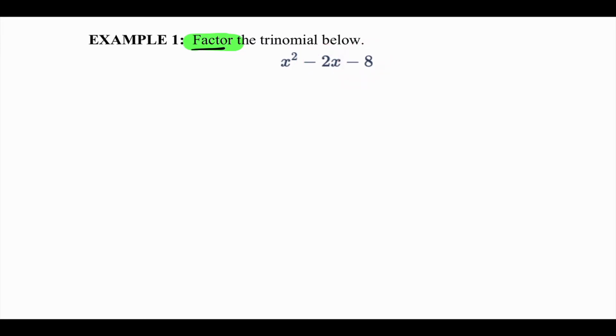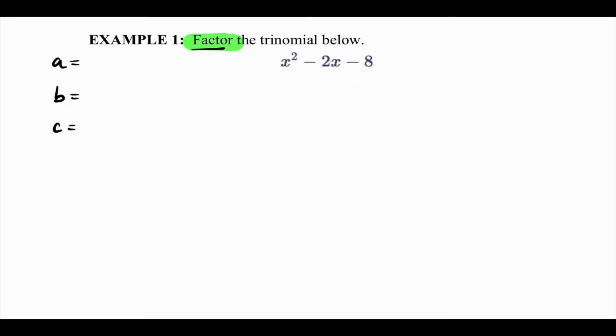Okay, so factor. Step 1. If there is an equal sign, set it equal to 0, if you are able to. Well, this one does not have an equal sign, right? So we can't do anything there. So skip step 1. Step 2. What is A, what is B, and what is C? Let's set what A is equal to, what B is equal to, and what C is equal to.